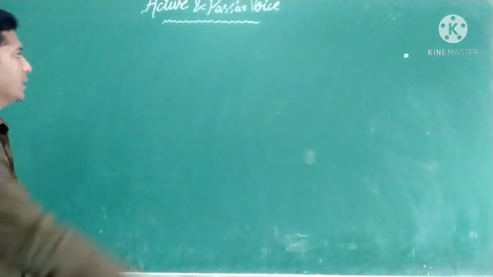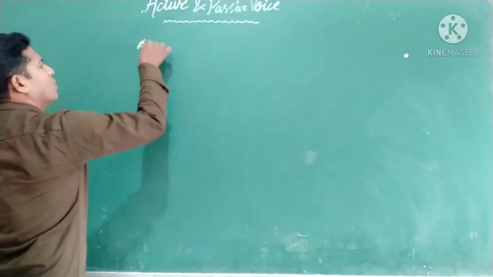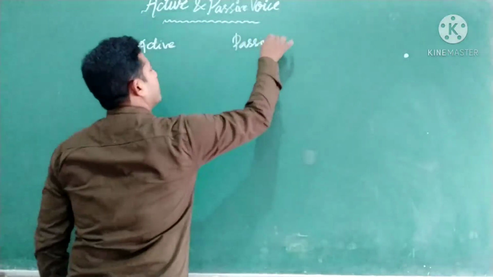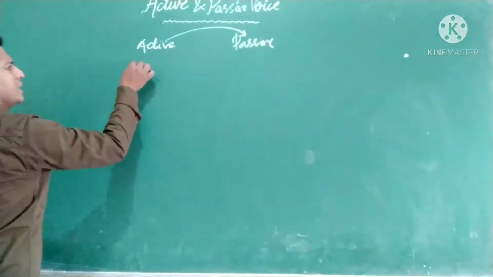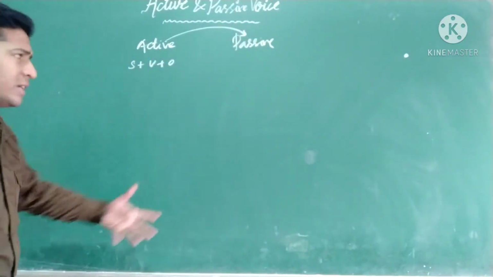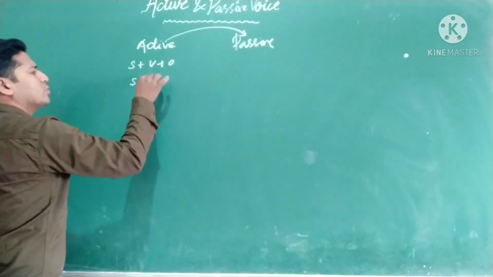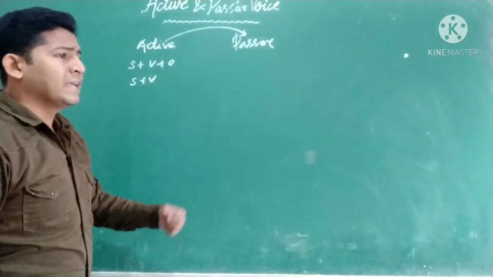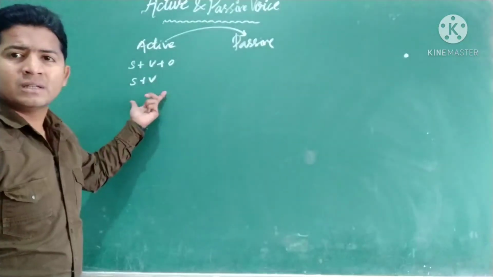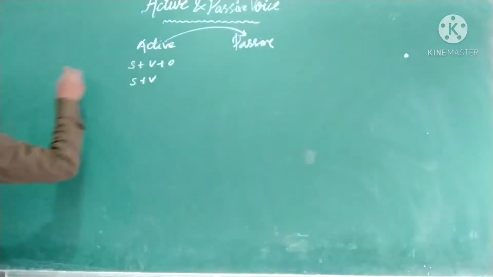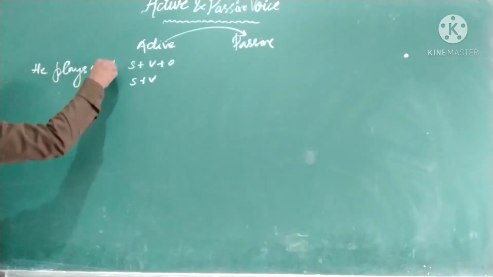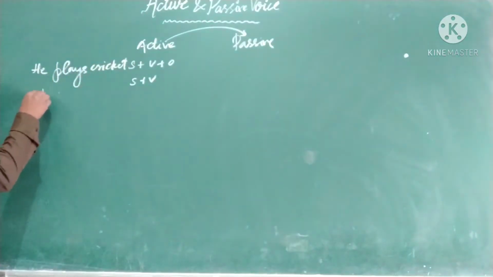So we studied that if you have to convert a sentence from active to passive, what do you need to do? Active structure is S plus V plus O. A sentence can also be in the structure S plus V, where there is no object. Like, he plays cricket has an object.